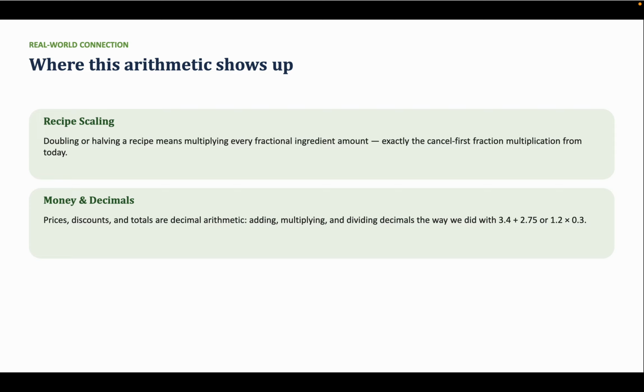In money and decimals, prices, discounts, and totals are decimal arithmetic, adding, multiplying, and dividing decimals the way we did with some of our examples. And for unit conversion, maybe you want to convert your height from inches to feet.